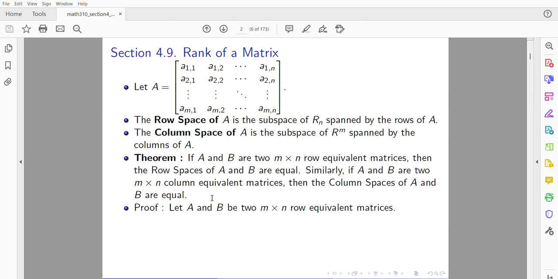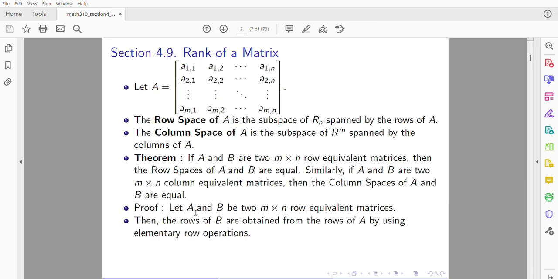Proof. Let A and B be two m by n row equivalent matrices. That is, B is obtained from A using elementary row operations. The rows of B are obtained from the rows of A by using elementary row operations.